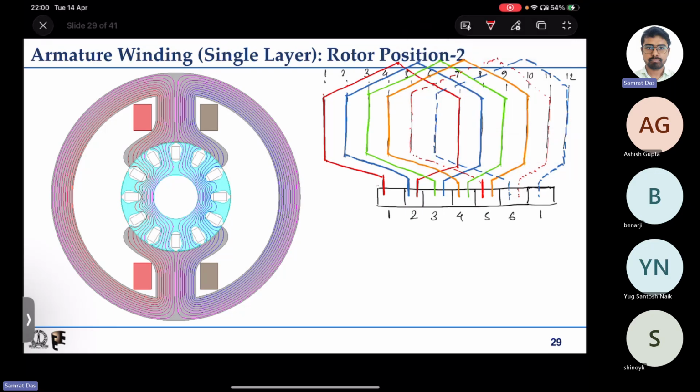So say this is the commutator, segment 1.